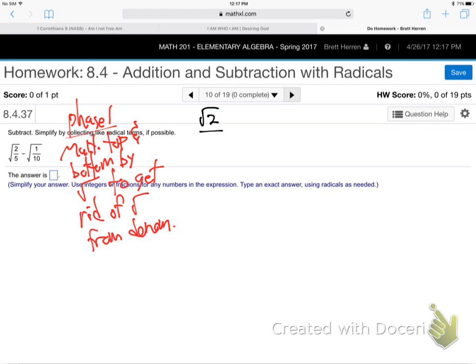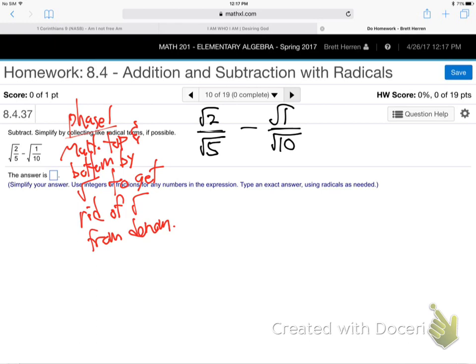So we have root 2 over root 5 minus root 1 over root 10. So multiply top and bottom to get rid of the roots. Right, so phase one, multiply top and bottom.